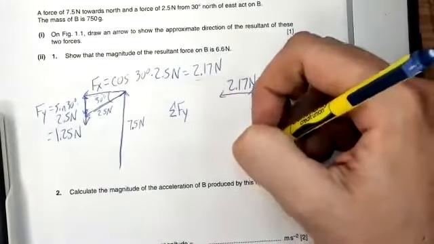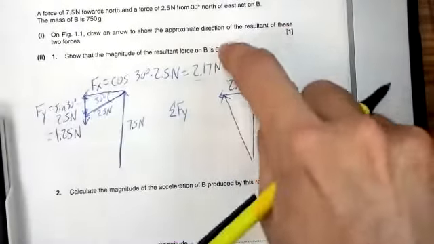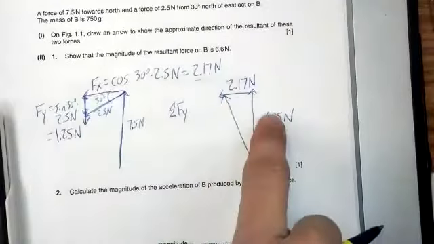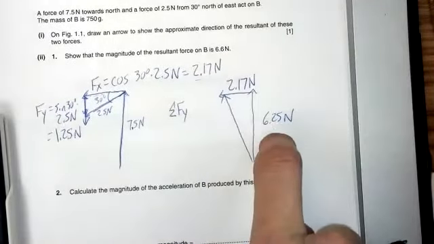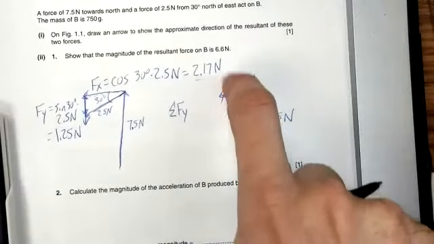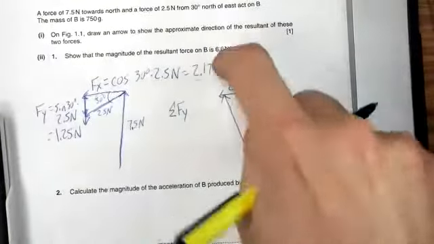And you see how I still get the same resultant? Okay, there's my resultant, but now I can calculate its magnitude readily. In my calculator, I go 6.25 squared plus 2.17 squared equals that squared. I'm showing that this resultant is 6.6.